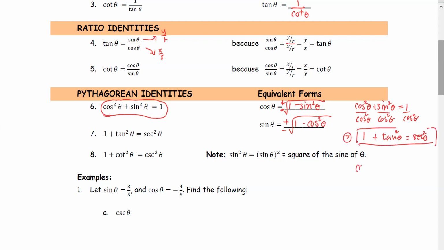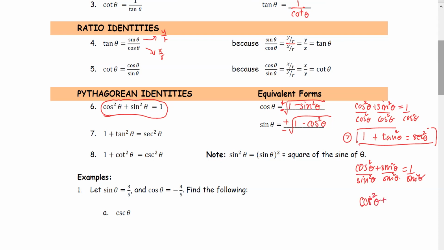Another case, use number 6 as well. So cosine square theta plus sine square theta equals 1. This time, we are going to divide all terms by sine squared theta. The cosine squared over sine squared theta is the cotangent square theta.